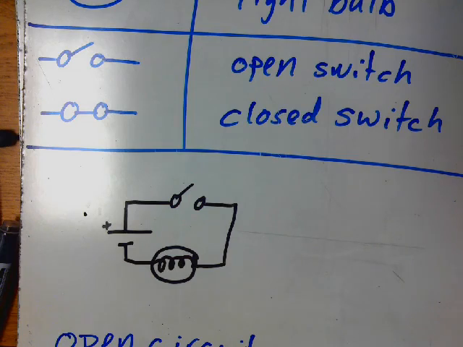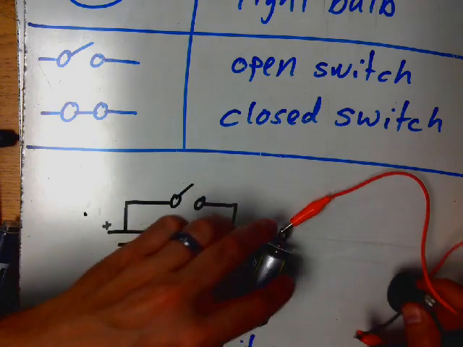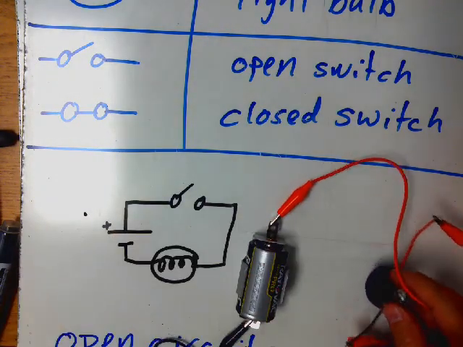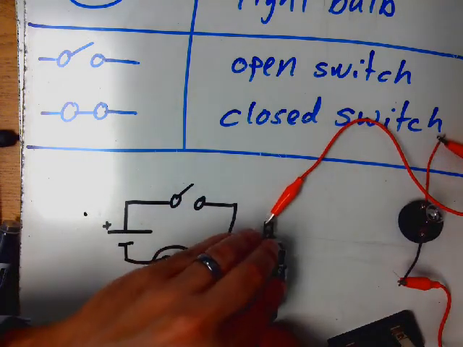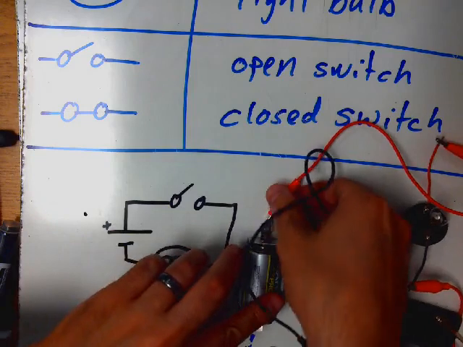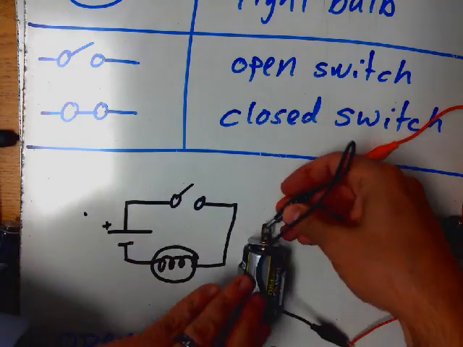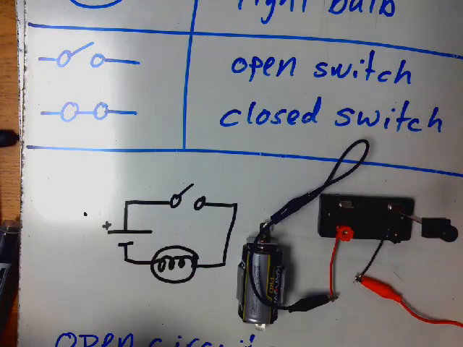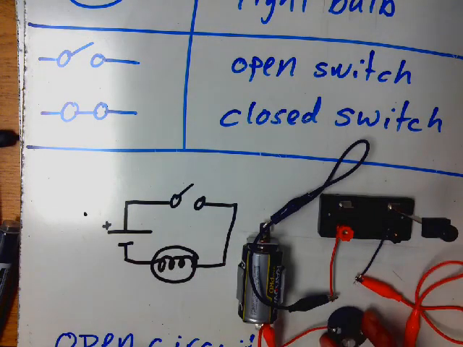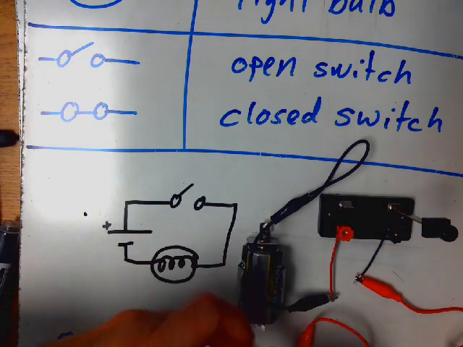What this would look like in real life is I would have a battery. So there's my battery with the positive side. And then I've got a switch here that's open. And then I've got my switch connected up to a light bulb that's currently out of the frame.